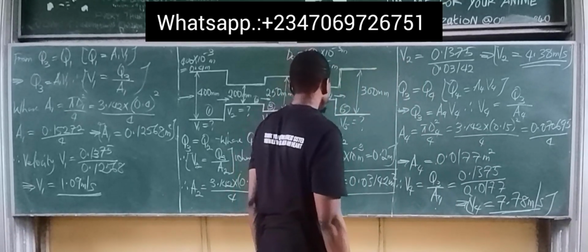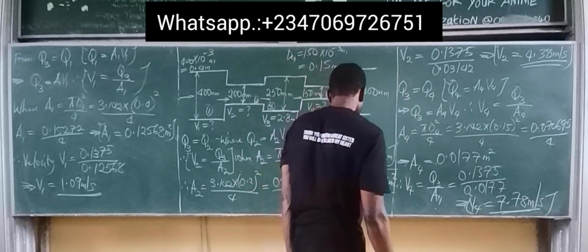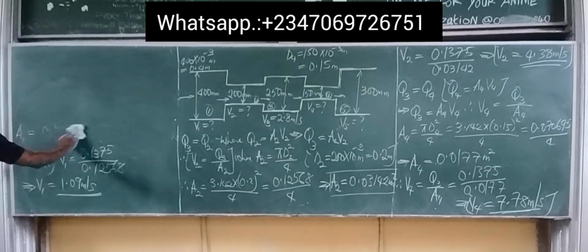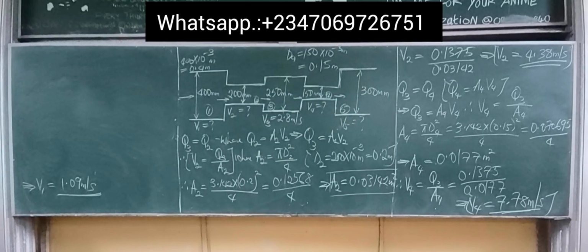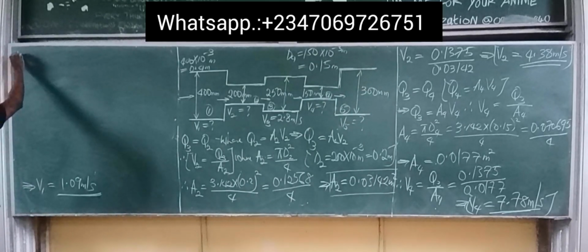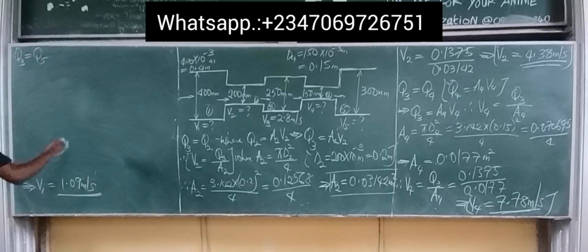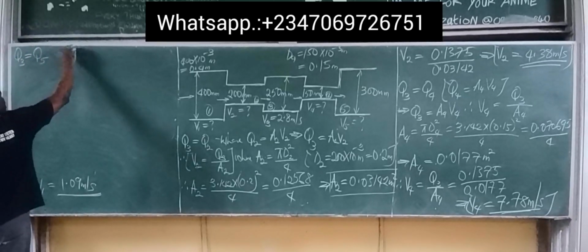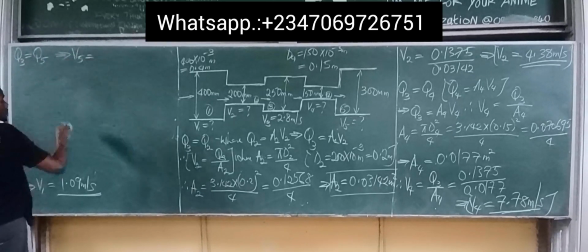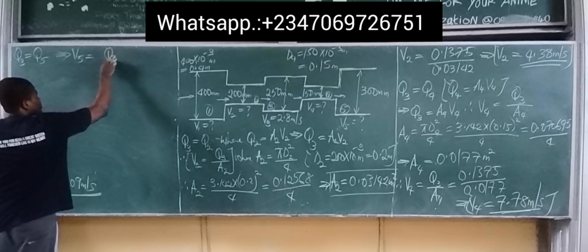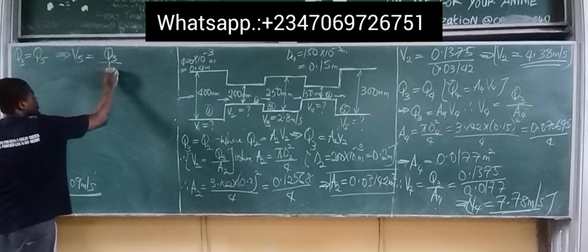Finally, we obtain the velocity in pipe 5. From the continuity equation again, we obtain Q3 to be equal to Q5. So without much calculation, V5 is simply going to be Q3 all over A5.